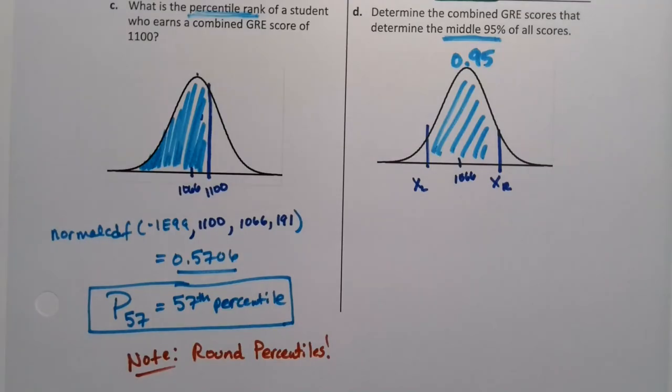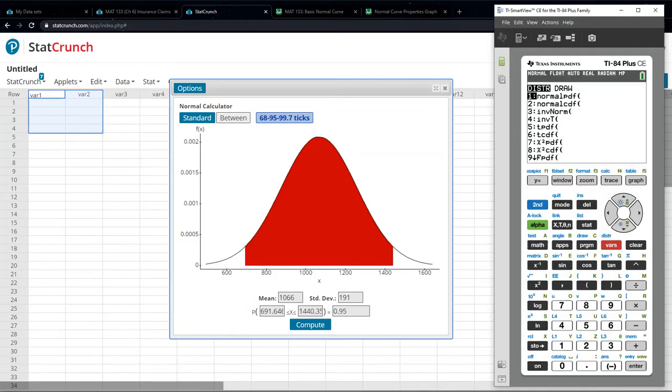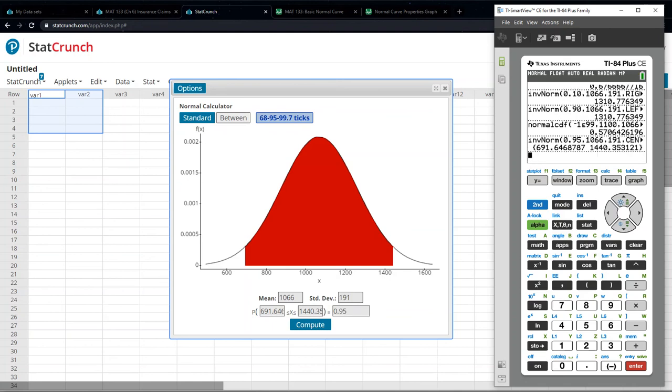But if you have a newer calculator, you don't have to deal with the old left tail area thing. You can say, second, number 3, say 0.95, 1066, 191, and choose center. That's the same thing that StatCrunch is doing. And so when I press enter, it finds it.